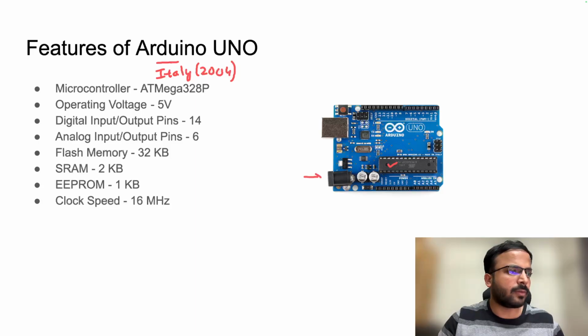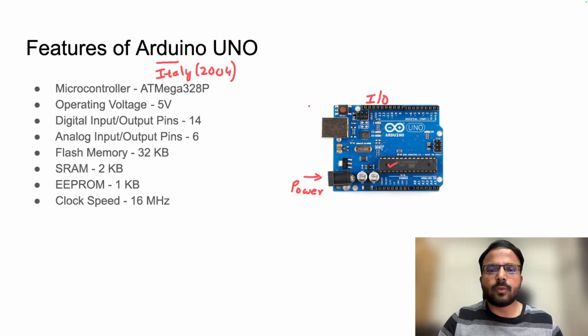You can supply power from here. So this is your power, and you will have several input output ports. So this will be there on all the Arduino development boards. So this is in general a development board which was designed by these group of people, and they have sold around 10 million units worldwide.